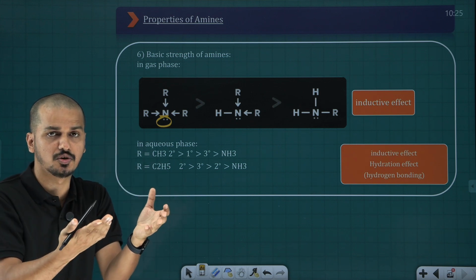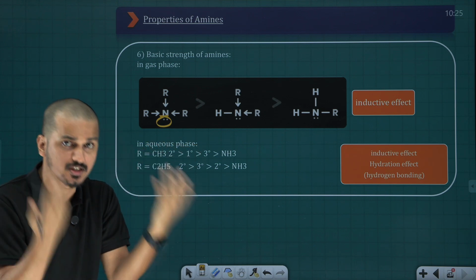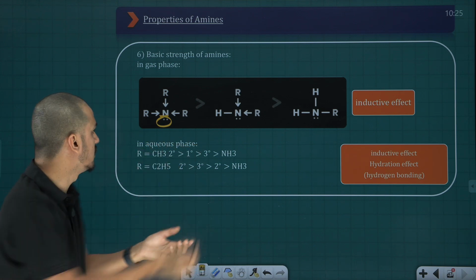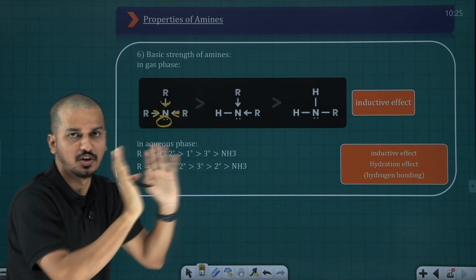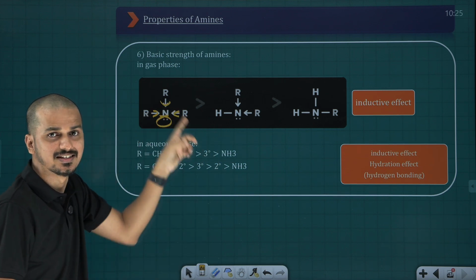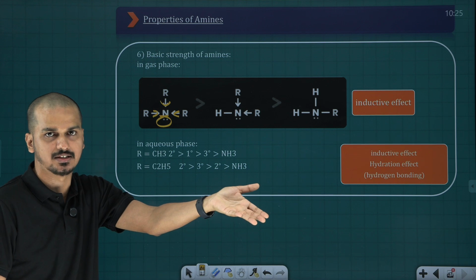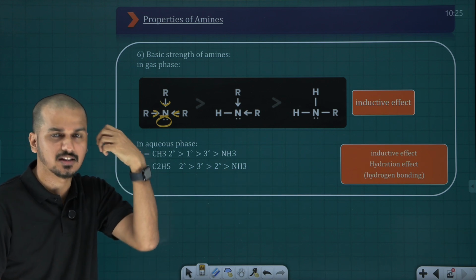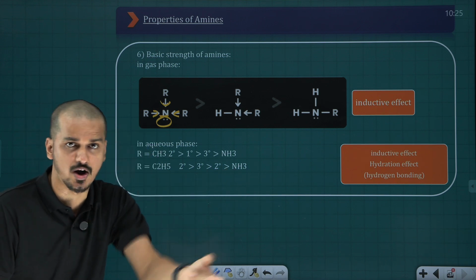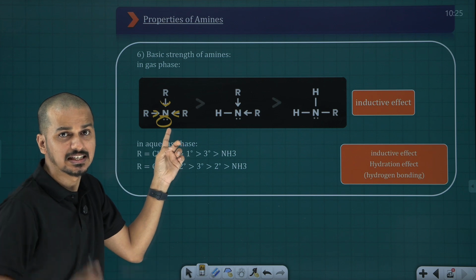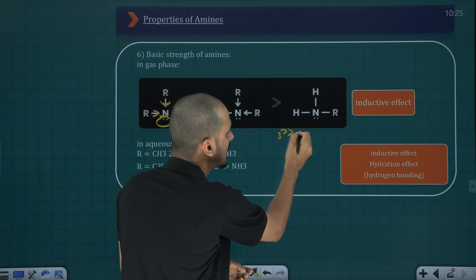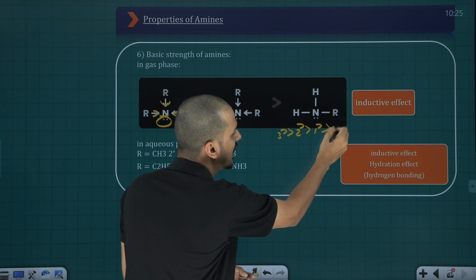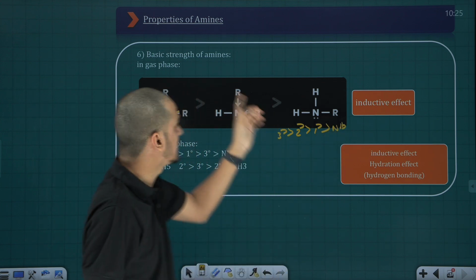So more ability to donate means they are better bases. Because these alkyl groups are electron donating groups, the electron density of nitrogen increases, so automatically they can easily donate. Electron density increases means they act as a better donor. So that's the best base in gaseous state. Tertiary is more basic than secondary, than primary, than ammonia in the gaseous state.